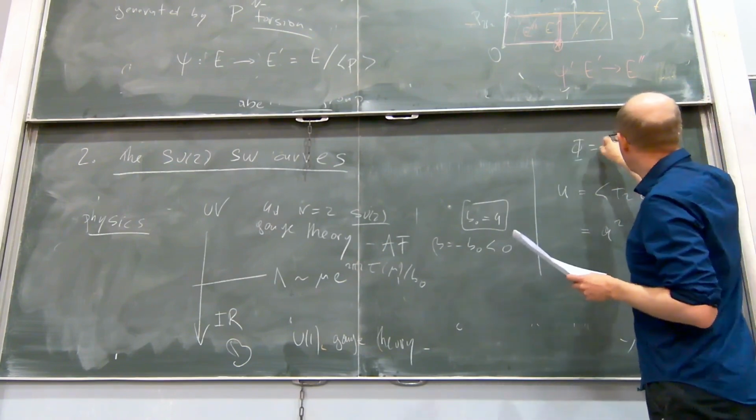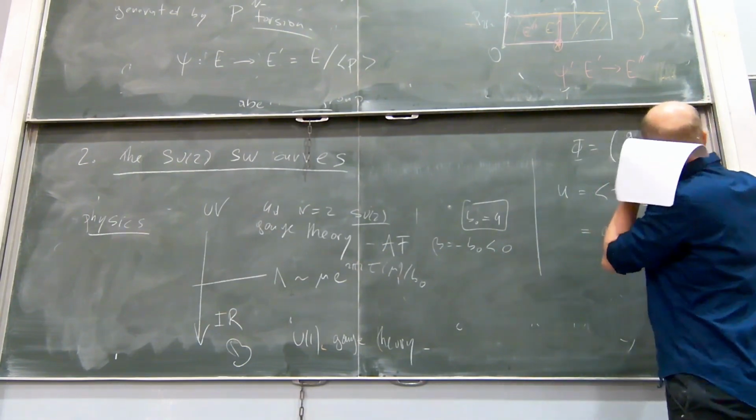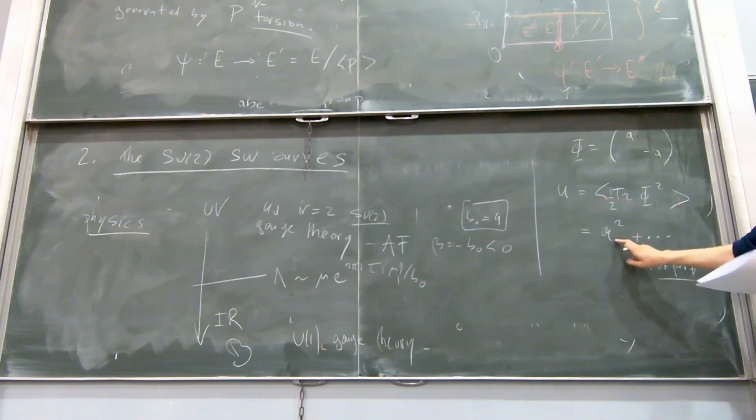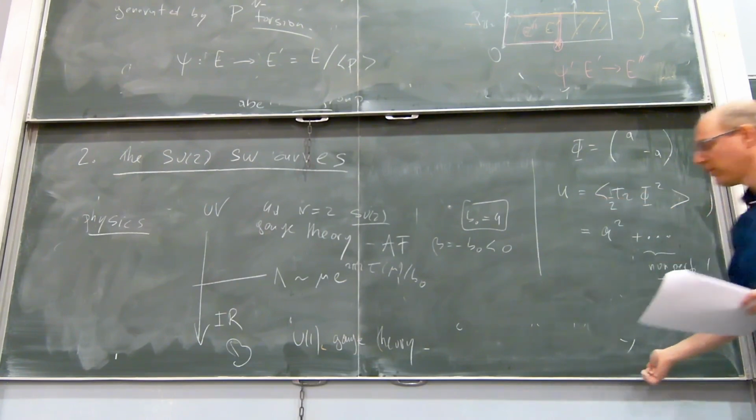So classically, you would just go onto the Coulomb branch, which is just diagonalizing the scalar. Then u is a squared by the Higgs mechanism, and a would be the fluctuation of the low energy photons. But then the relation between u and the low energy photon receives quantum corrections, of course.